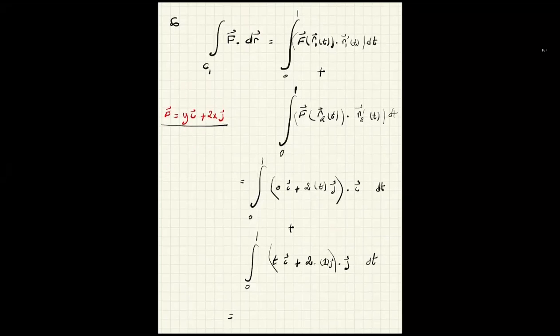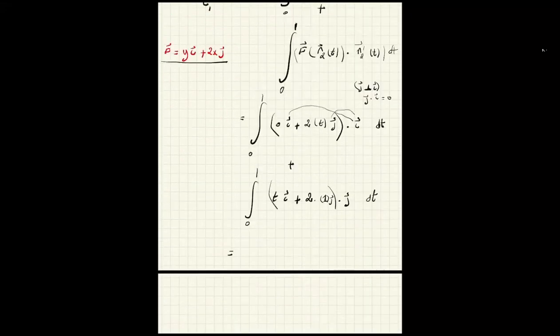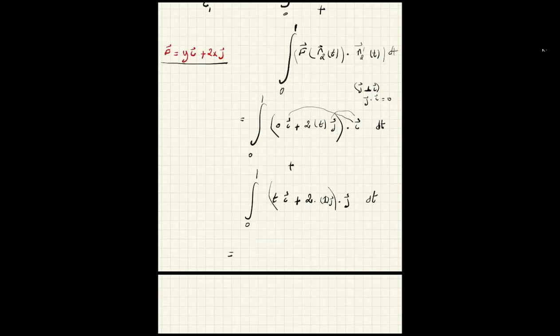Now the scalar product is like normal product, so you multiply I by I and j by j. I'm just going to remind you that j is perpendicular to I, so the scalar product of these two is always 0. I dot I is always 1, and j dot j is always 1, while I dot j and j dot I are 0.